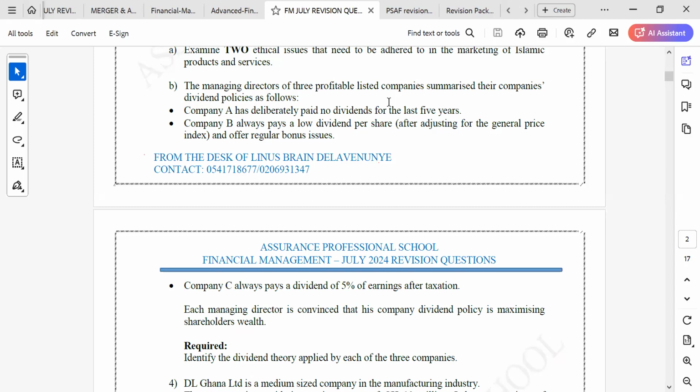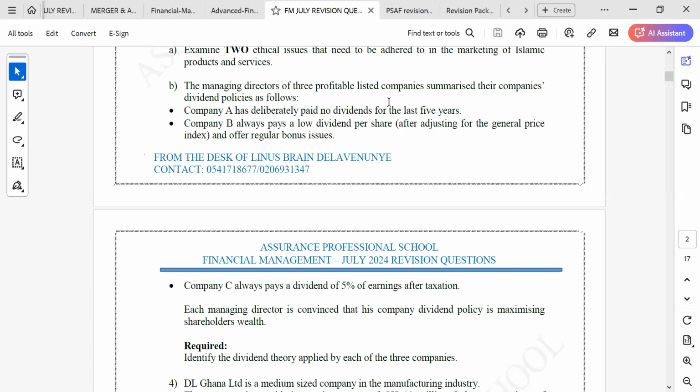Why? They pay after adjusting for the general price level. Okay, the residual theory is saying that.